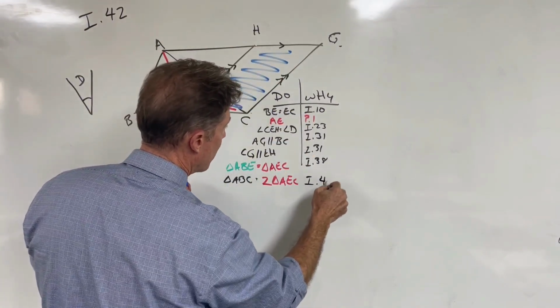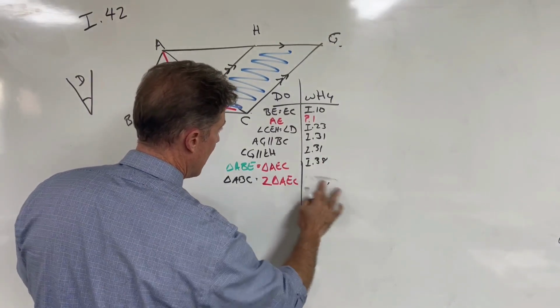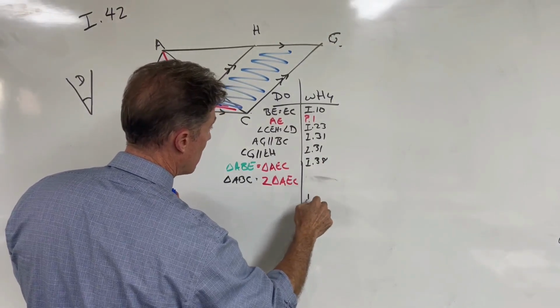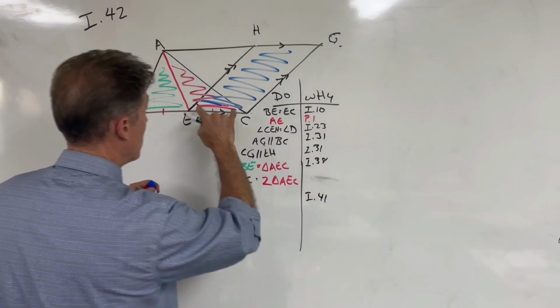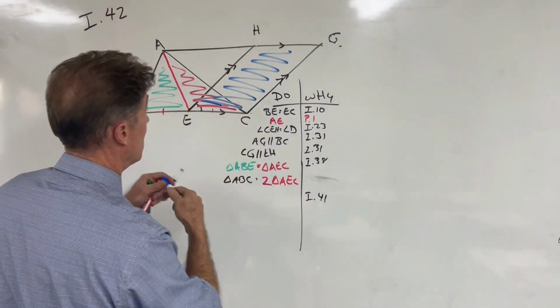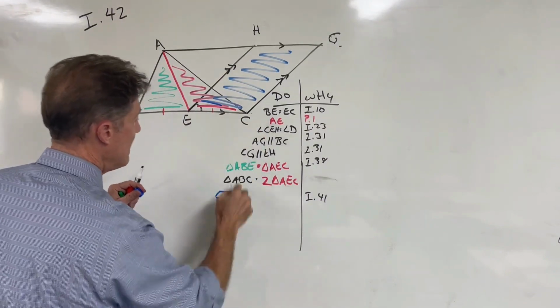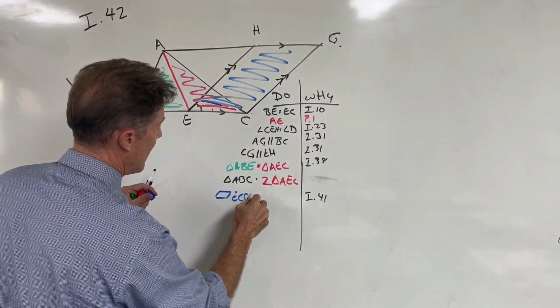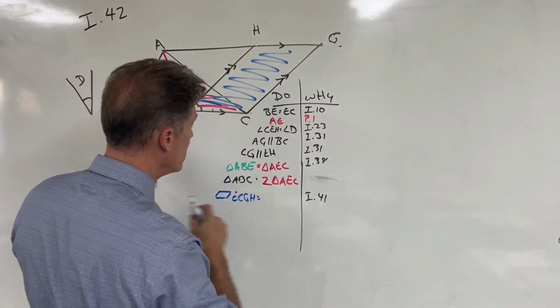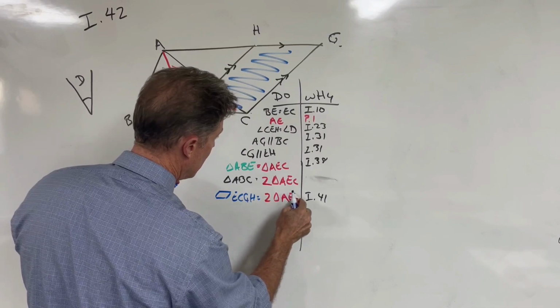So according to prop 41, a parallelogram that's on the same base as a triangle and in the same parallels is going to be double the triangle. So parallelogram ECGH is equal to double triangle AEC.